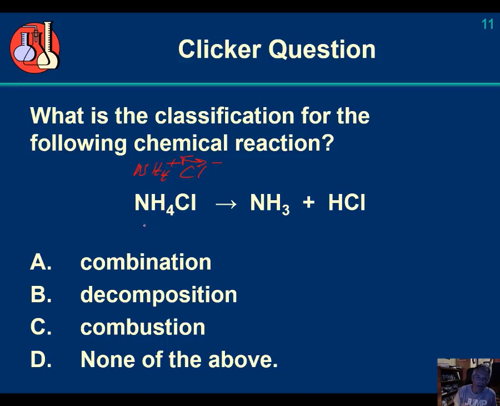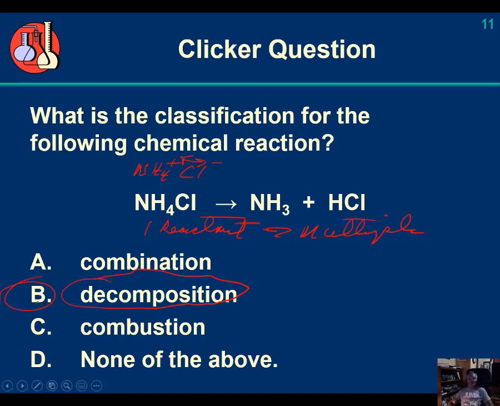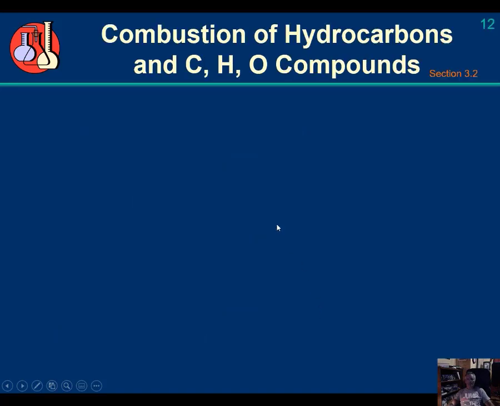So this is an ionic compound, and it is one reactant that's going to decompose into multiple products. So this is a decomposition reaction. Okay, pretty simple. Hopefully that wasn't too confusing for you.